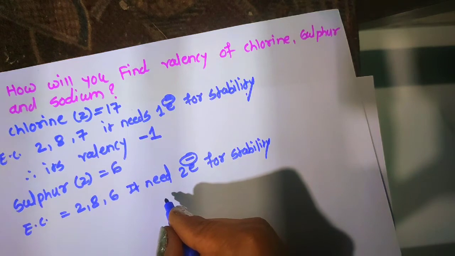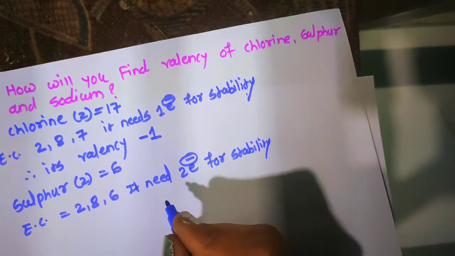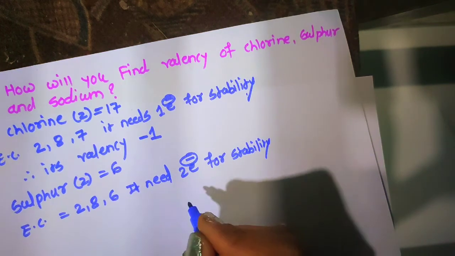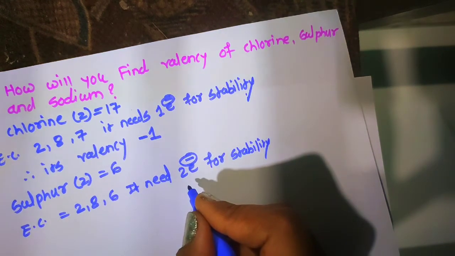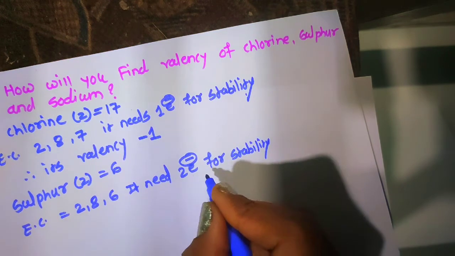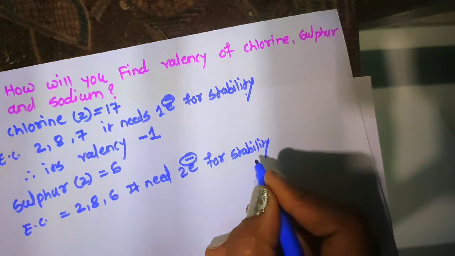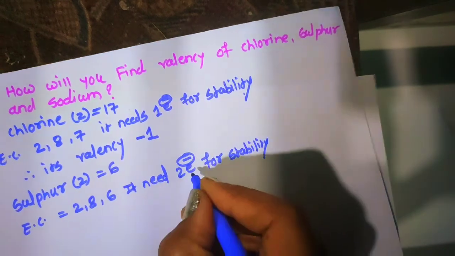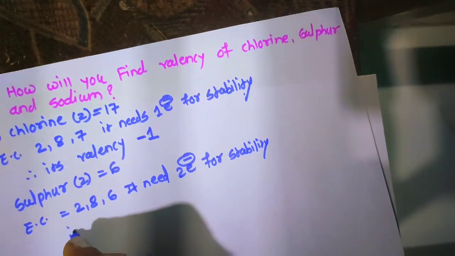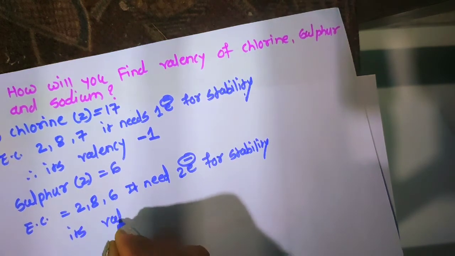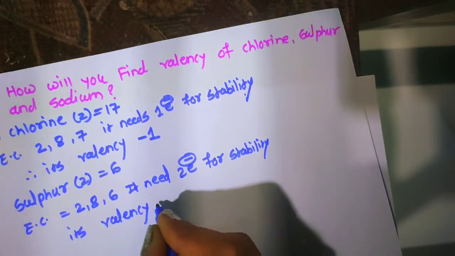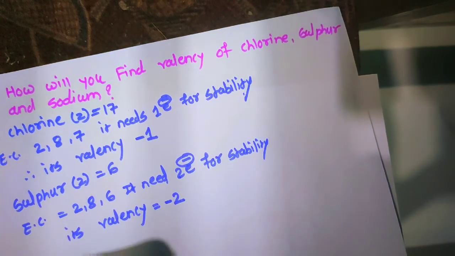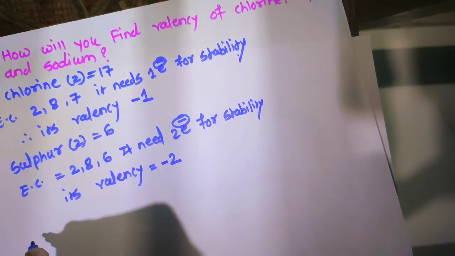The M shell has a capacity of maximum 18 electrons, but until you are in 9th standard, you have to think only up to 8 electrons. So 2 electrons are needed for stability. Electron has negative charge and 2 electrons are needed. So its valency is -2.